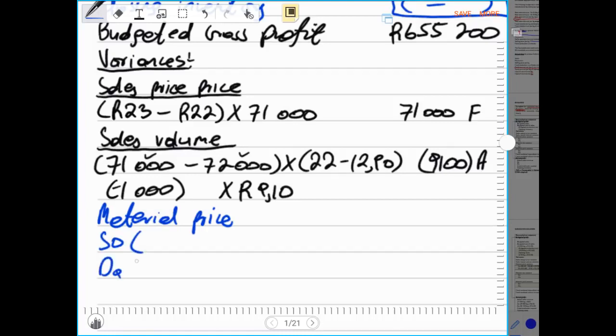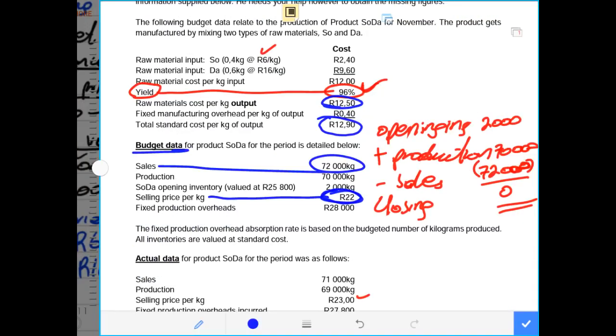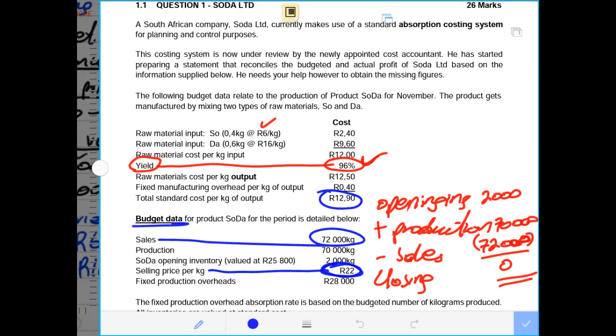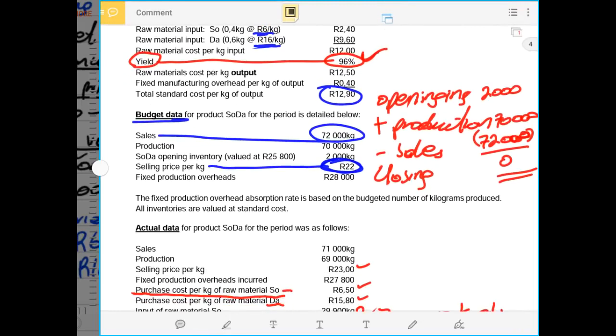They had a standard price per kg of 6 Rand and 16 Rand. Just to confirm, the standard price was 6 Rand per kg and 16 Rand per kg. So that's where that is coming from.